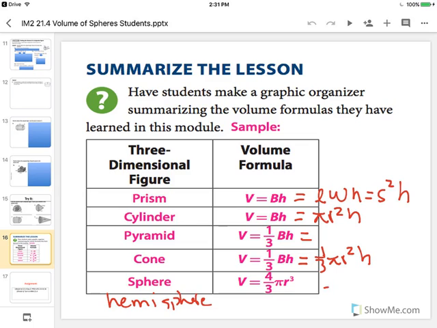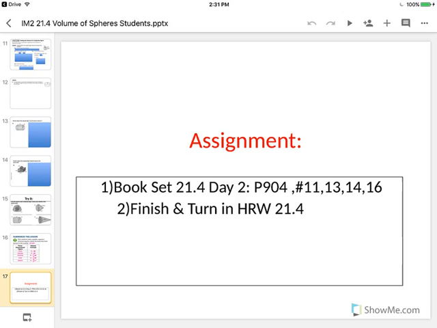It would be 2/3 pi r to the third power. Okay, so that's the end of our 21.4 day 2. You have your book set assignment, and you are to finish your HRW on 21.4, and then we'll be getting ready for our module test.